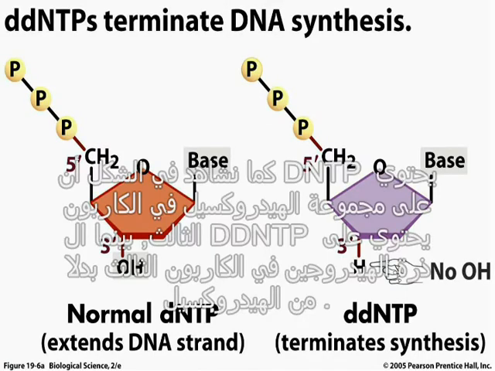As we can see, the shape of dNTP, or deoxynucleotide triphosphate, contains the hydroxyl group in the third carbon. But the dideoxynucleotide triphosphate, or ddNTP, molecules differ from dNTP by having a hydrogen atom attached to the third carbon rather than the hydroxyl group.